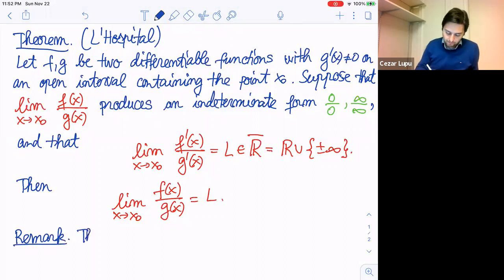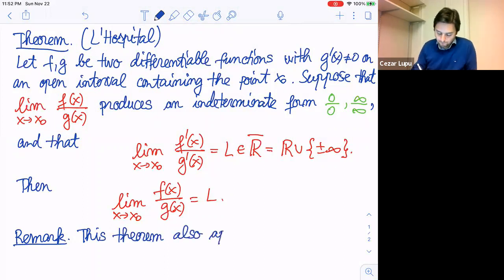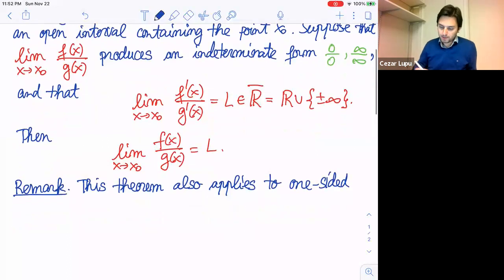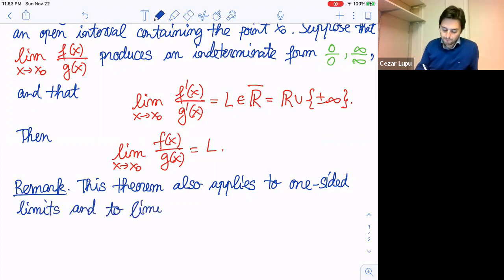The theorem also applies to one-sided limits and to limits at infinity, as we have seen.